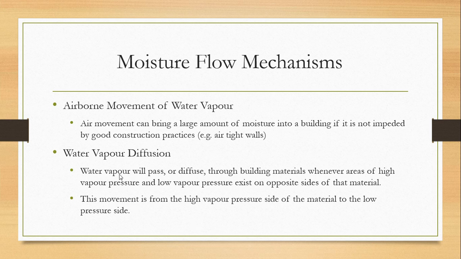Okay, still talking about moisture flow mechanisms. And you have airborne movement of water vapor. So air movement can bring a large amount of moisture into a building if it is not impeded by good construction practices, such as airtight walls.